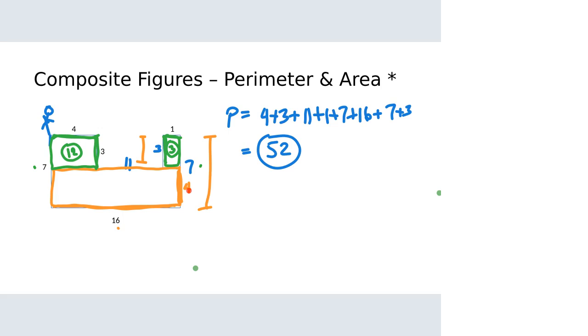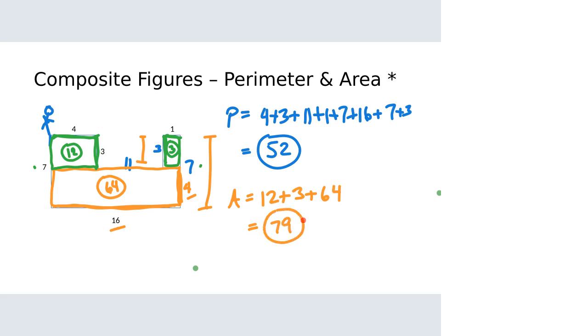And so that big giant rectangle at the bottom has a length of 16 and a width of 4, so its area is 64. And then adding those together to get the total area, we have 12 plus 3 plus 64, that's 79 square somethings.